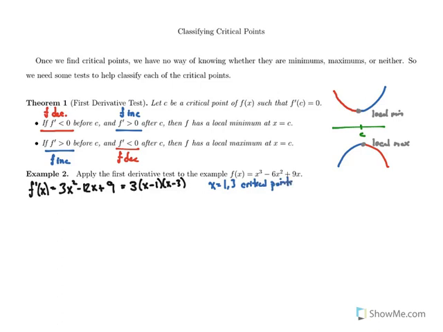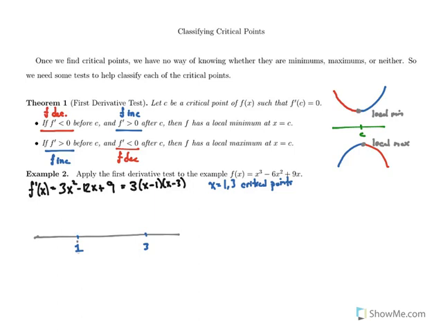So I think the easiest way to go about the first derivative test is to look at a little number line. We're going to label our critical points 1 and 3. And we are going to test the sign in each region that is bordered by a critical point.